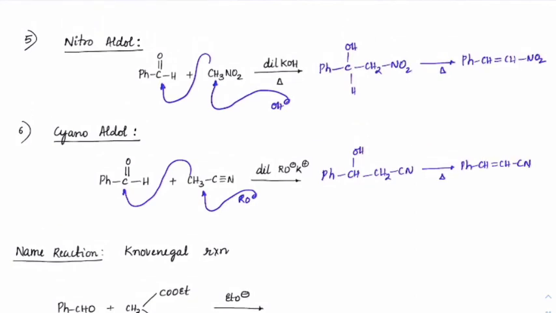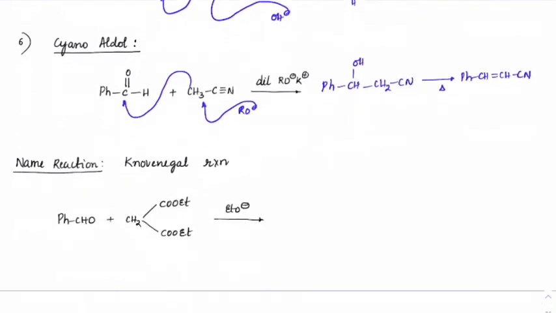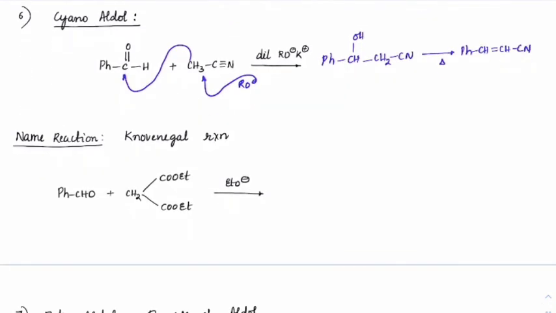Okay. A similar type of reaction is observed, which is a name reaction known as the Knoevenagel reaction. Well, this actually happens with esters, but since it is a similar kind, we can discuss it here itself. See, this is an active methylene group because both sides there are withdrawing groups, COOEt. So EtO minus will extract the proton from here, generating that carbanion, and that carbanion will attack here.